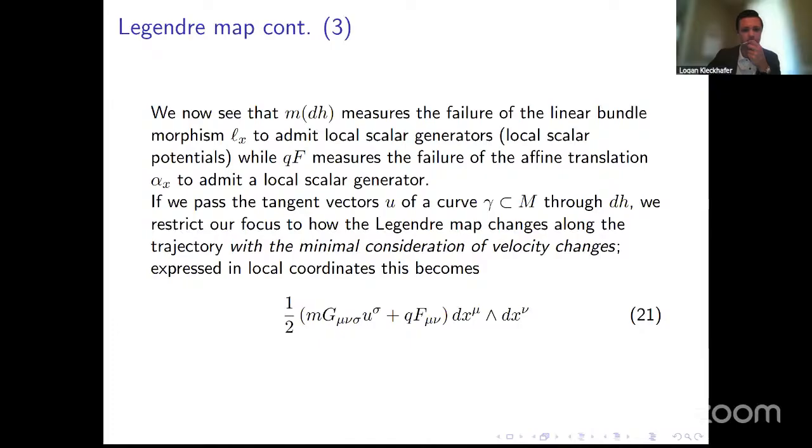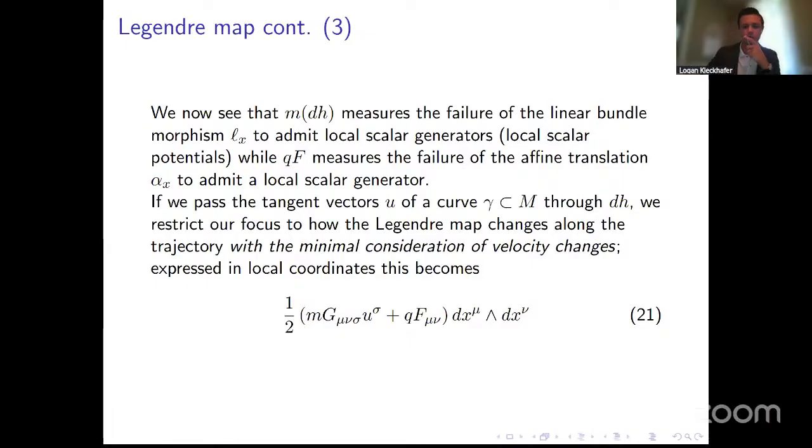So now, instead of just evaluating this map, evaluating MDH, at a point, we can ask what if we evaluate it at every tangent vector along a curve, with minimal consideration of how the velocity changes. As we move along the curve, the tangent vector velocity is going to change, and that will obviously be encoded, but we don't want to do anything extra with it.